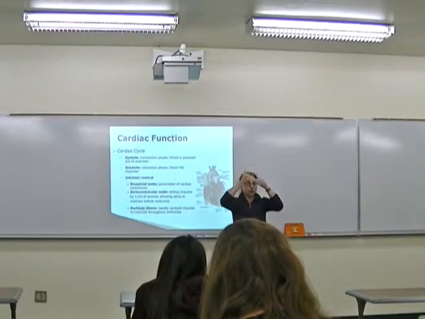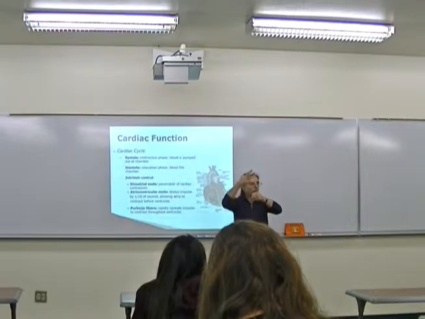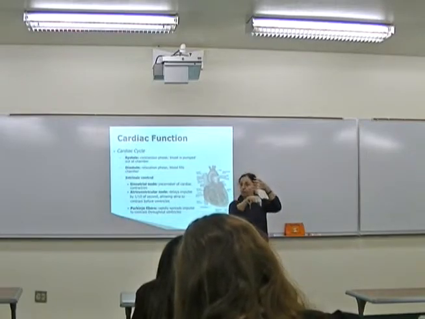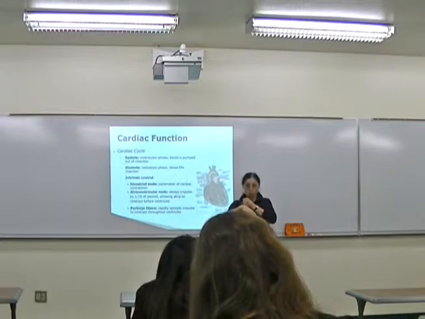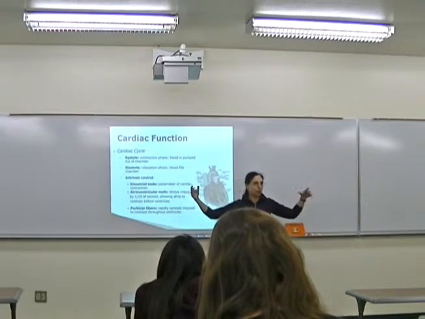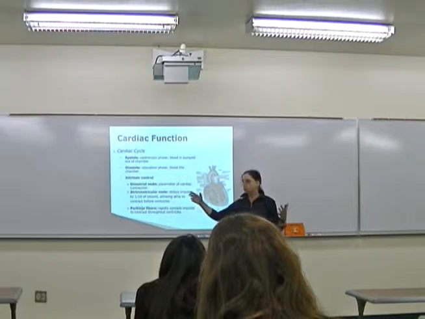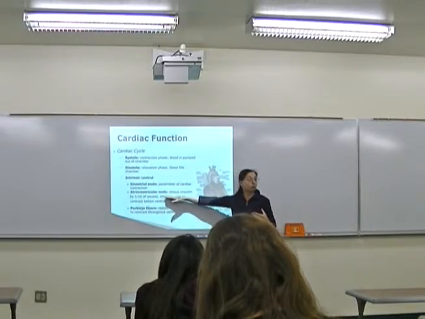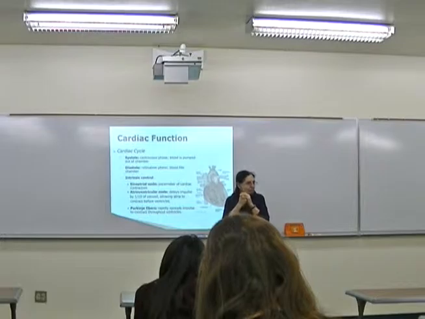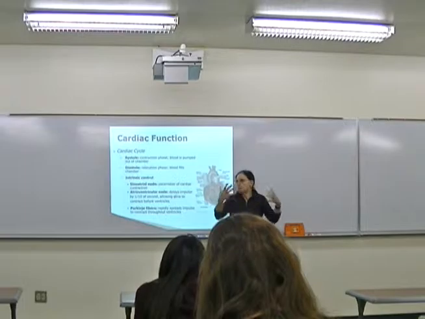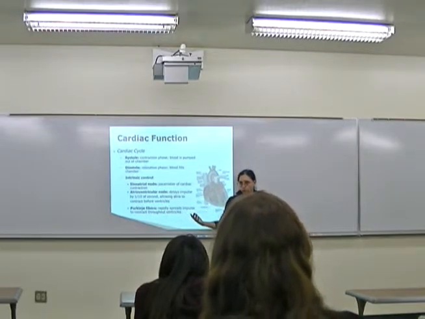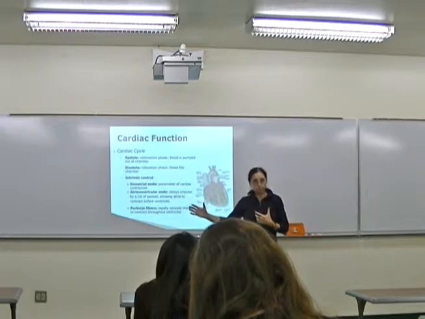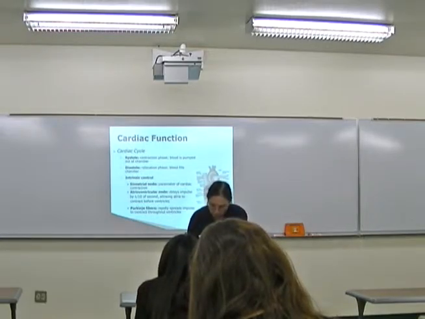The whole thing doesn't contract at one time. The atria contract while the ventricles are relaxed. That means the blood coming out of the atria can fill up the ventricle, and then the ventricle can squeeze and send the blood wherever it's got to go, either to the lungs or to the body. Without the AV node hanging on to that impulse for that minute amount of time, both of them will contract at the same time, and now I don't have blood flow. So it plays a really important role.